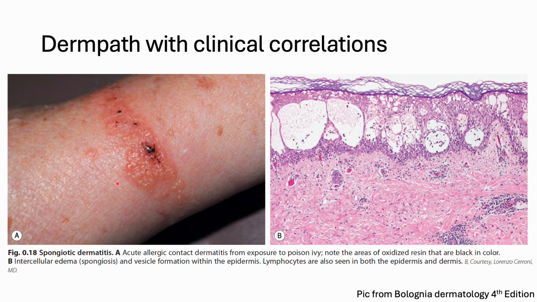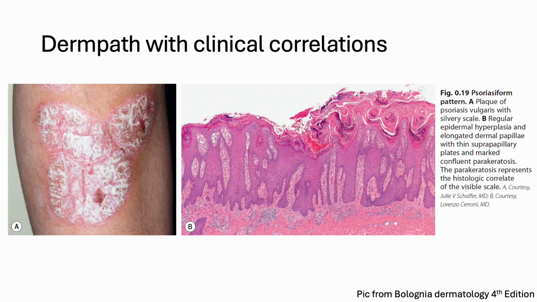The second example is poison ivy on this person's extremity. You can see multiple vesicles on the patient's skin. And why are there vesicles? The reason is because spongiosis causes vesicles in the epidermis as shown here. So vesicles on the skin, vesicles on the pathology. The third example shows a thick plaque with a white or silver scale on the patient's extremity.